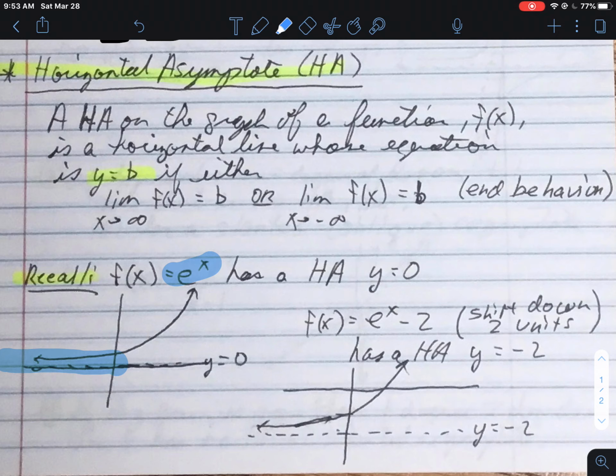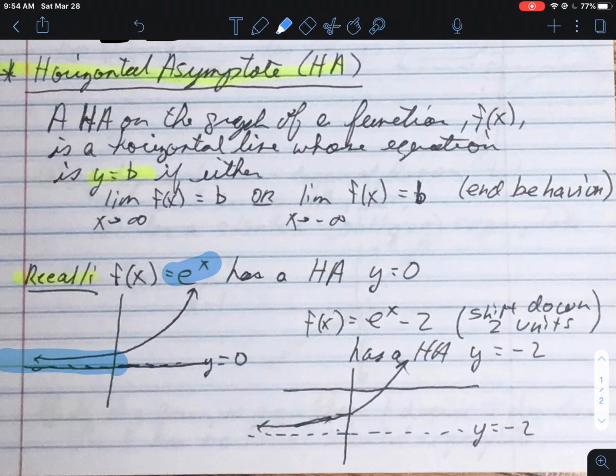So this gives us our general definition, in terms of calculus, of a horizontal asymptote on the graph of a function. A horizontal asymptote on the graph of a function f of x is a horizontal line whose equation is y equals a number.